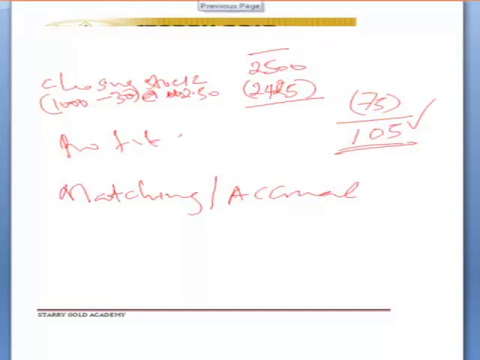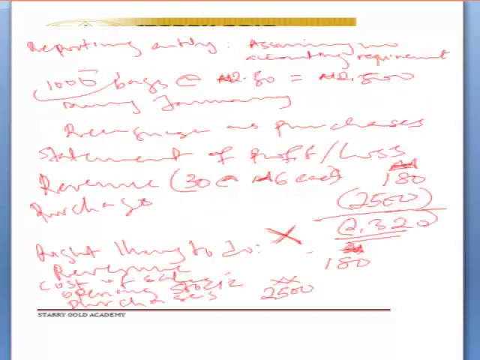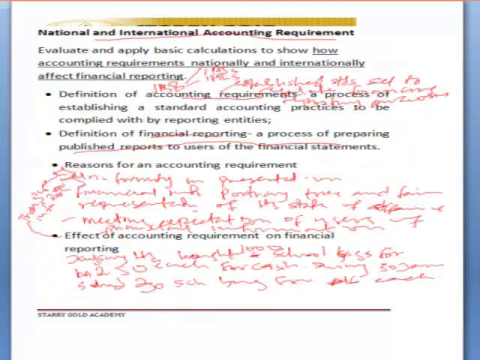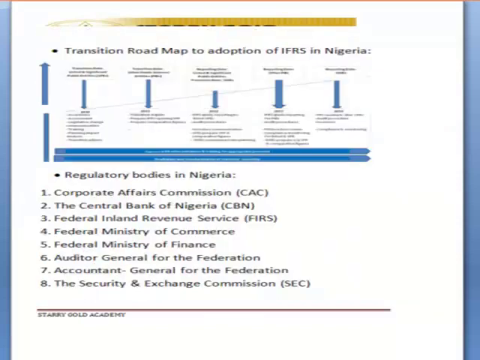So that is all about the effect of our accounting requirement on financial reporting. It makes sure that our financial figures present a true and fair view.